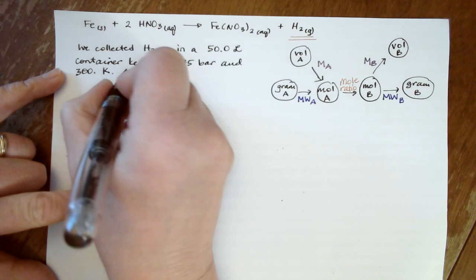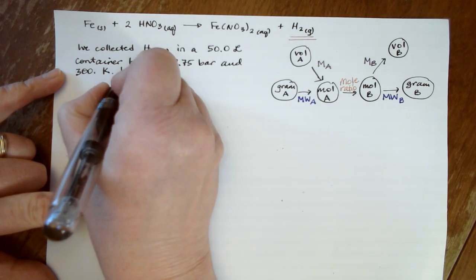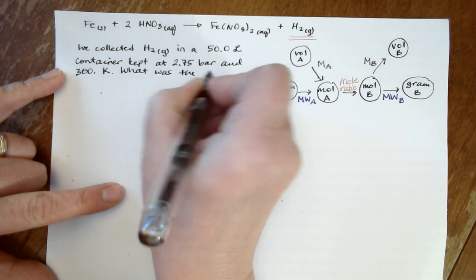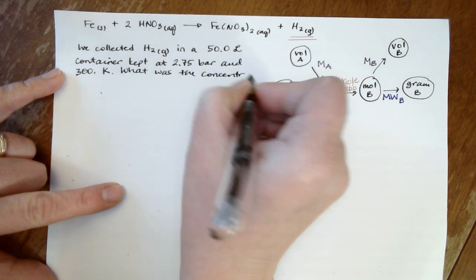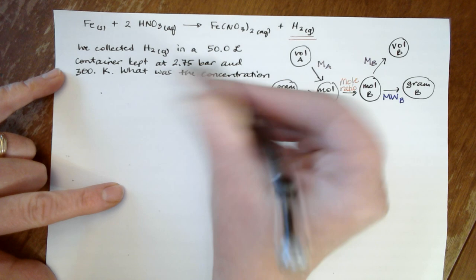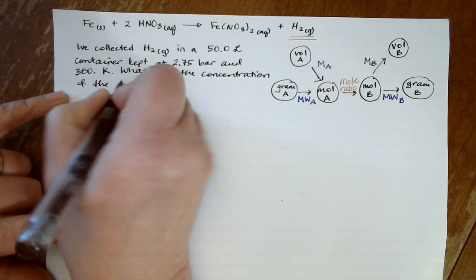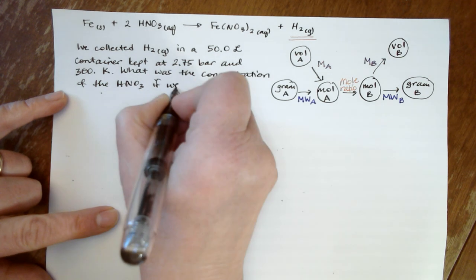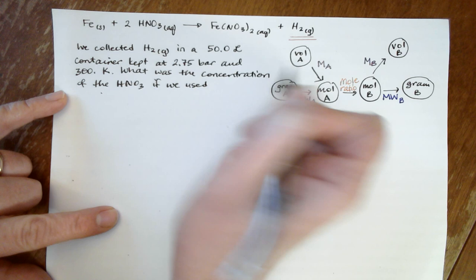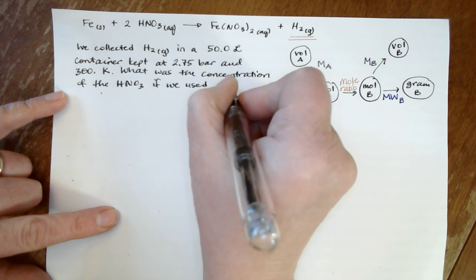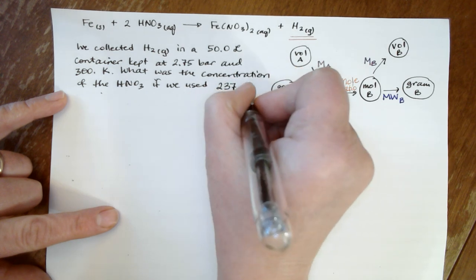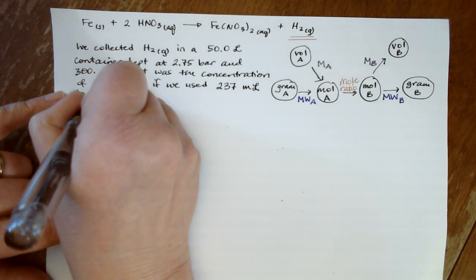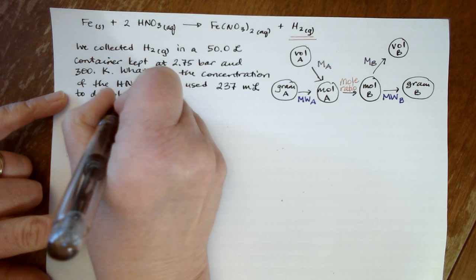So our question is, what was the concentration of the HNO3 if we used 237 milliliters to dissolve the iron?